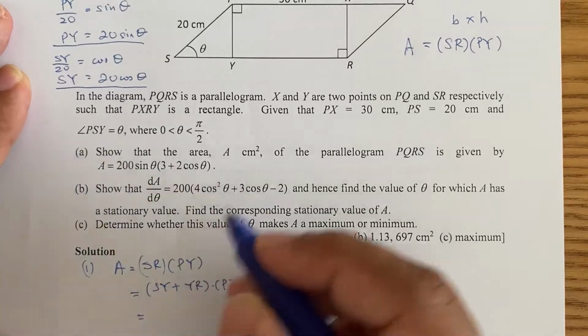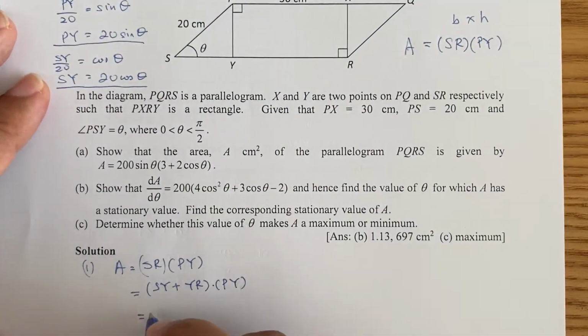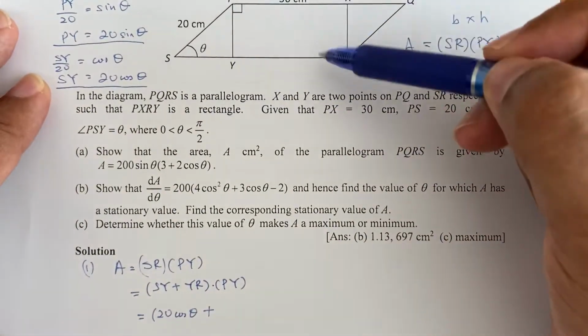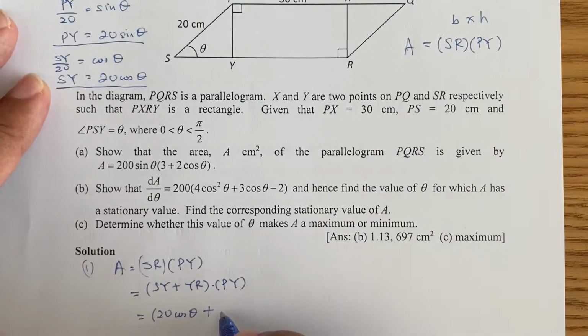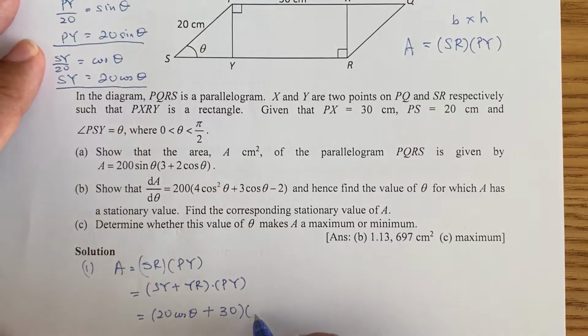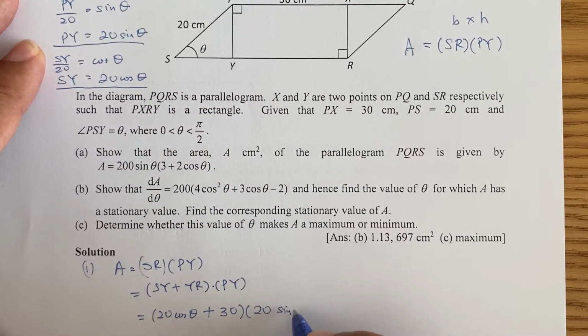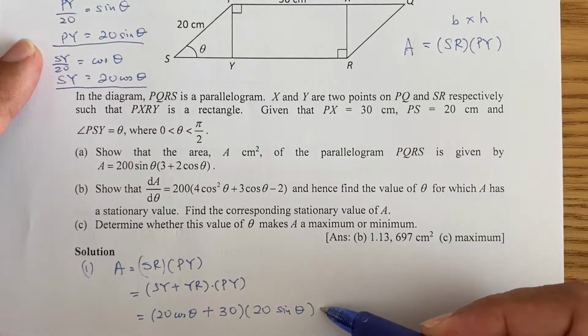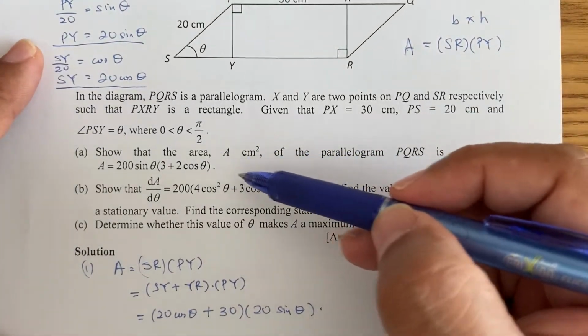Now SY is here, this is 20 cosine theta. YR is actually equal to 30. This is opposite sides of a rectangle, so the length of opposite sides should be equal, and PY is actually 20 sine theta. You're going to convert this into this.